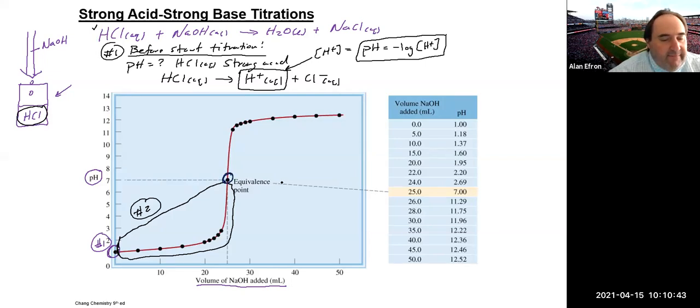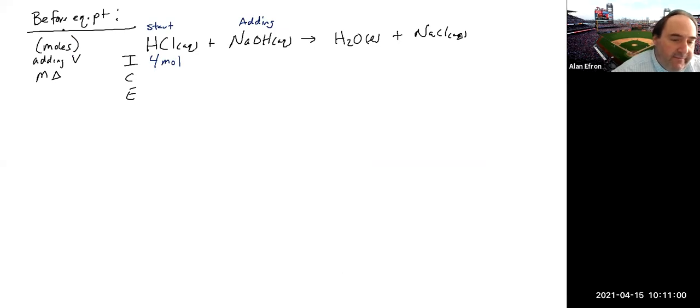As we talked about in the definition, that's the point where the moles of the acid equal the moles of the base. In this case, we have not hit that point yet because we're before the equivalence point. So the moles of what we're adding should be less than what we started with.